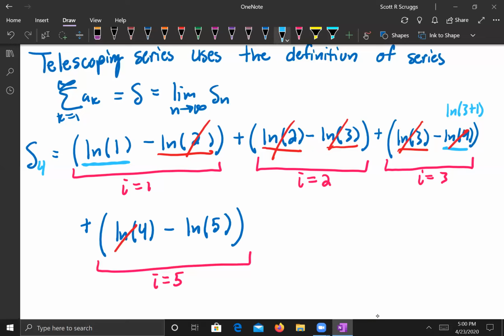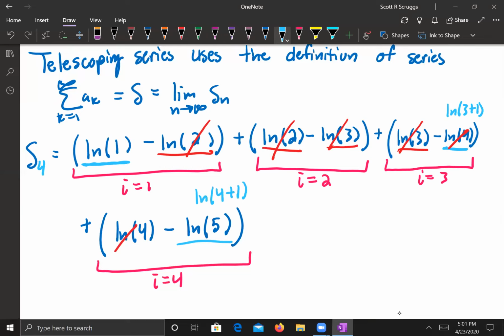The survivors are the natural log of 1 minus the natural log of 5, or natural log of 4 plus 1.